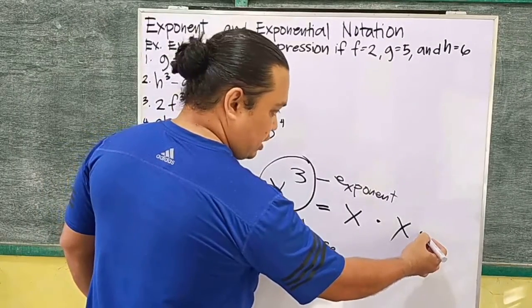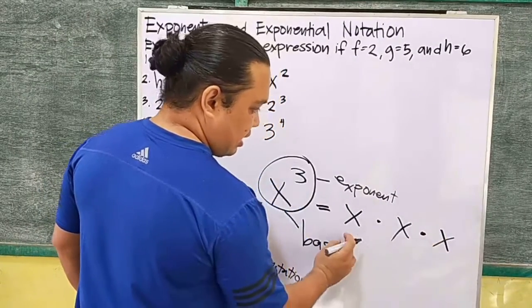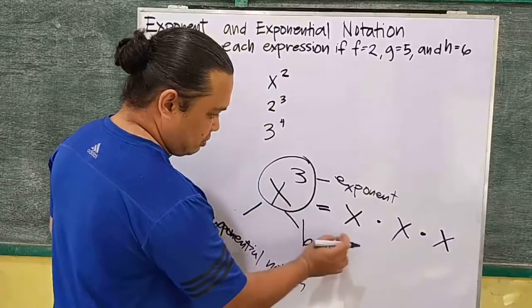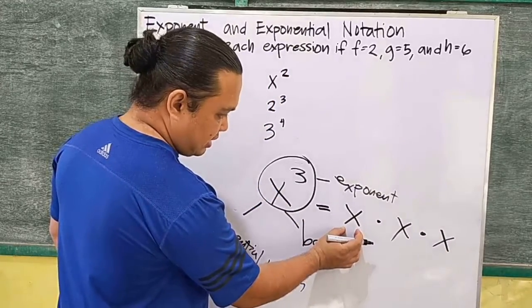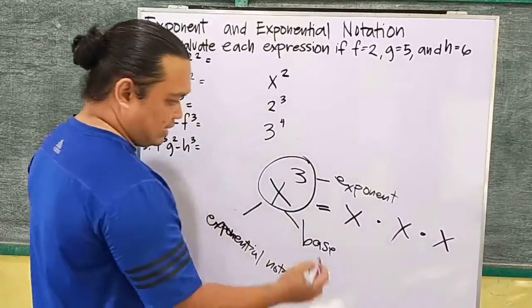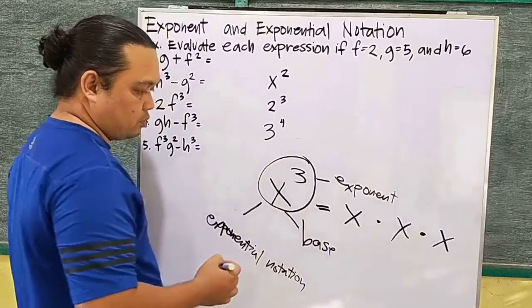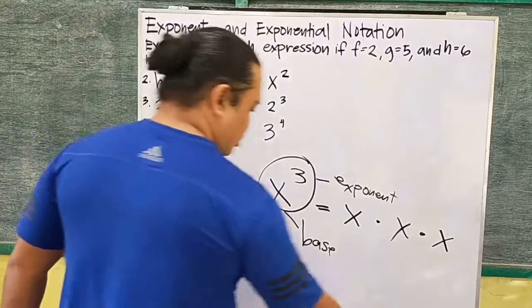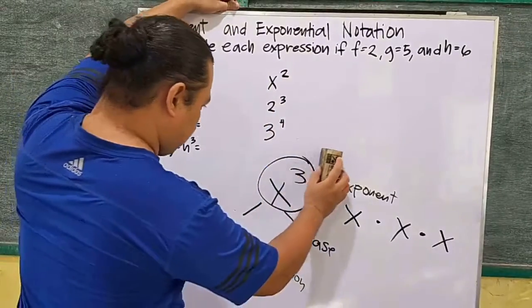So the result will be x times x times x. X is the base multiplied 3 times: 1, 2, 3. So it's x cubed. That's how we evaluate it. So, let's have another example.